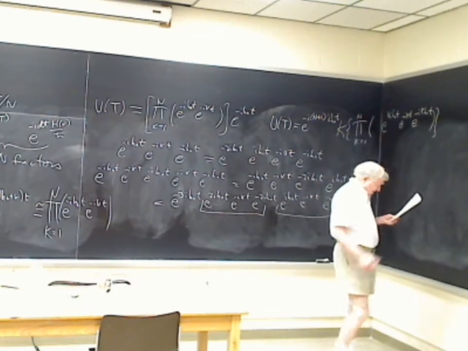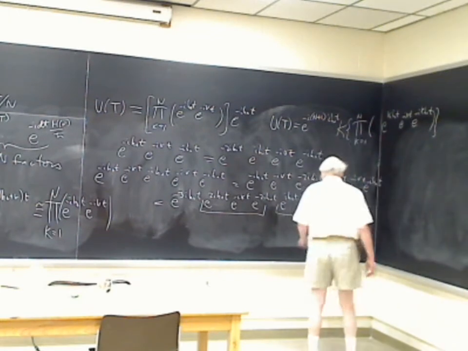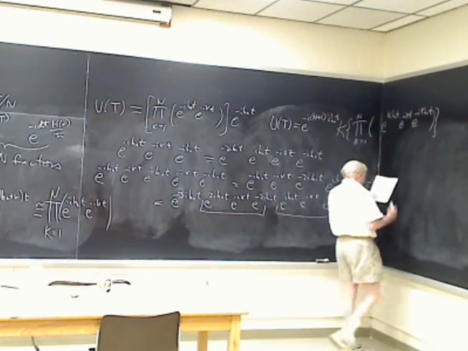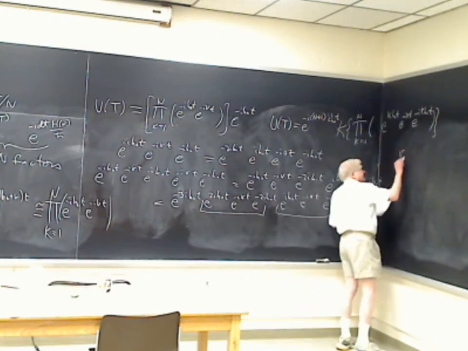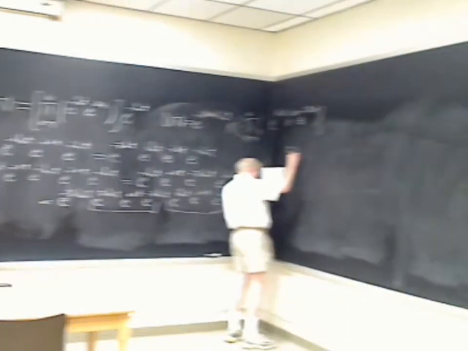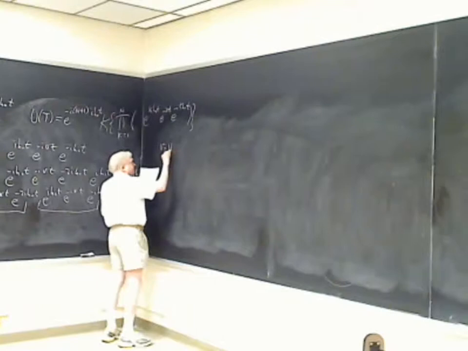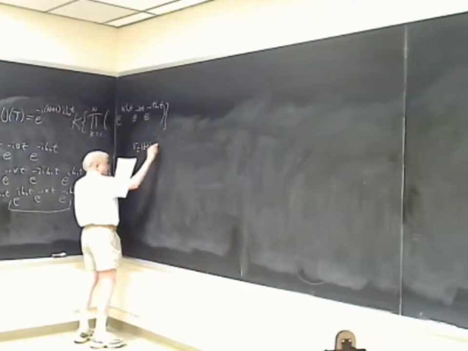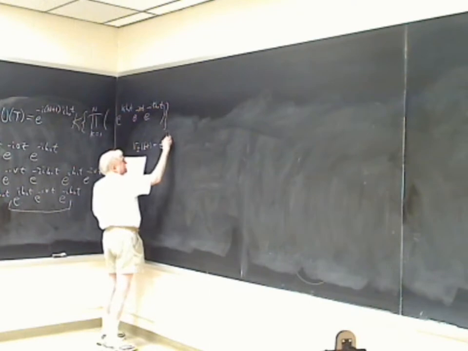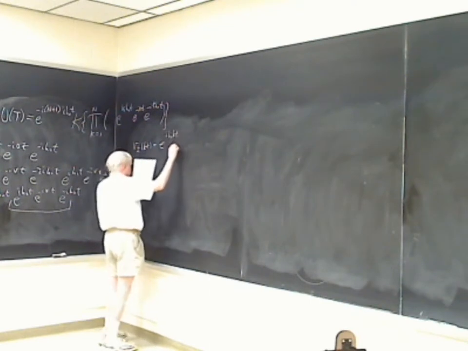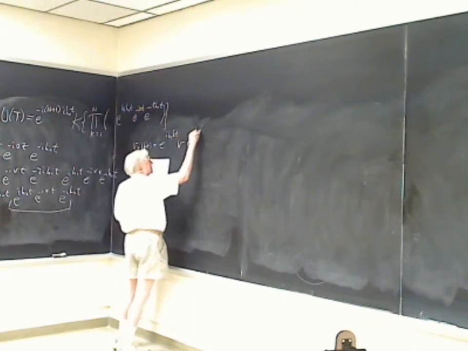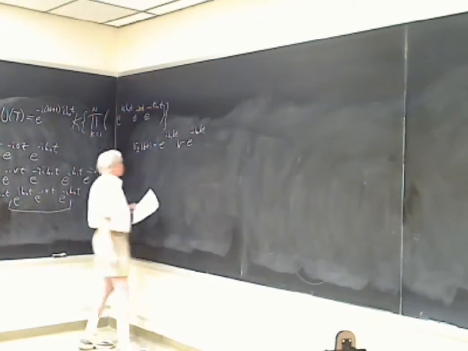Okay. Now, this thing that's been recurring over and over, we can define V sub I of KT as e to the I H0 KT V e to the minus I H0 KT.